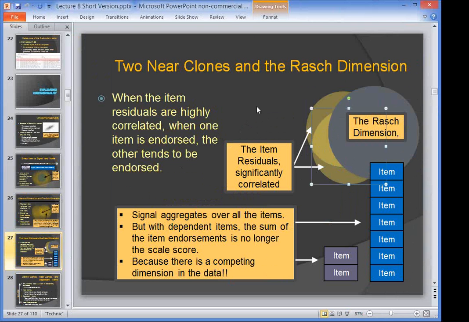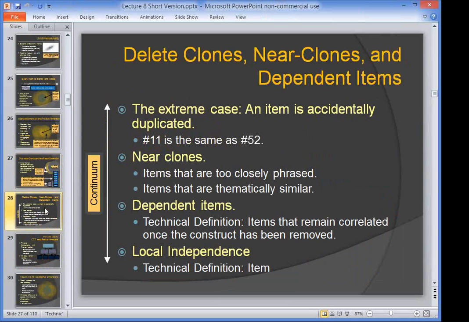And that begins to affect measurement, because now there's no longer one dimension in the data. As soon as we have two item residuals that are strongly related, there's a second dimension present in the data, because what happens to one of these items tends to happen to the other item. Okay? So now we have what's called a competing dimension in the data.